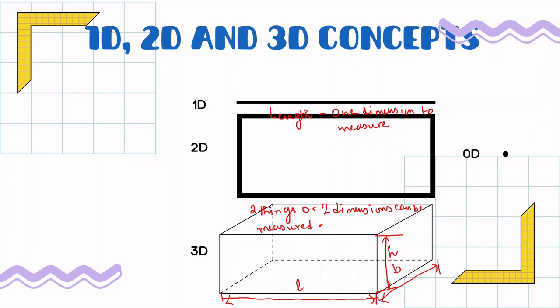You see, the point has no length, no breadth, no height. So a zero dimensional figure is a point. If anyone asks you a tricky question like what is a zero dimensional figure, you will say it is a point.